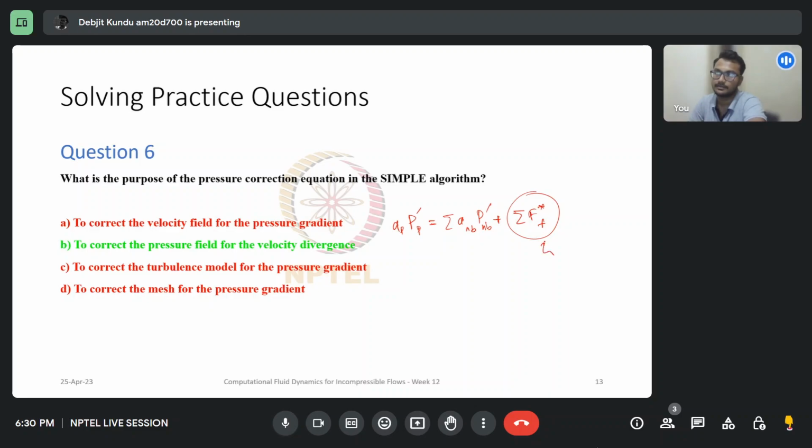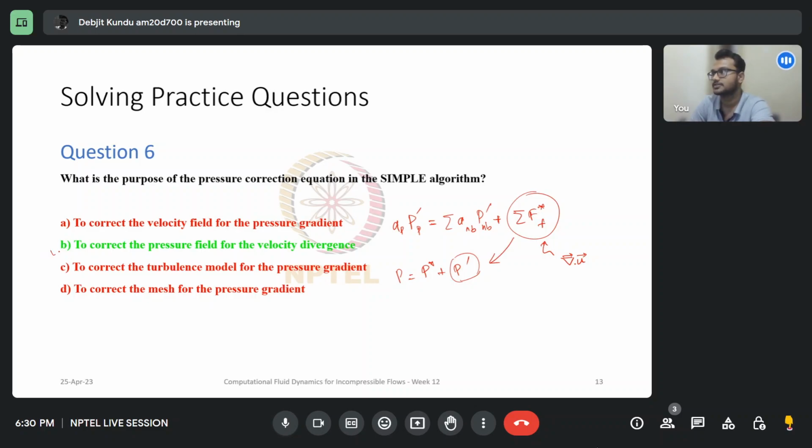This is coming from the continuity equation. This is nothing but the divergence of velocity. So I had some guess value of P star, and I'm adding this pressure correction to get the actual P. So this correction actually arises out of this velocity divergence.